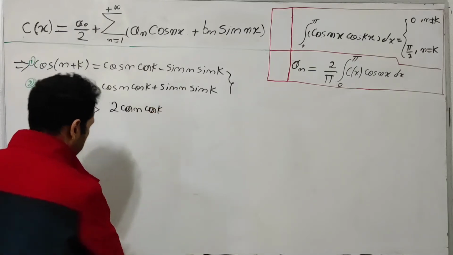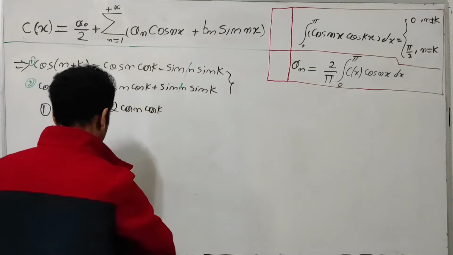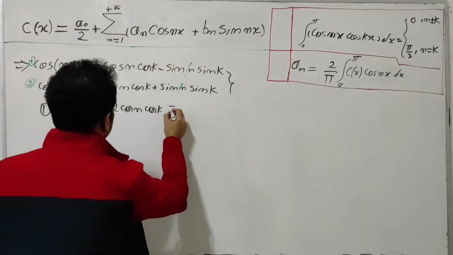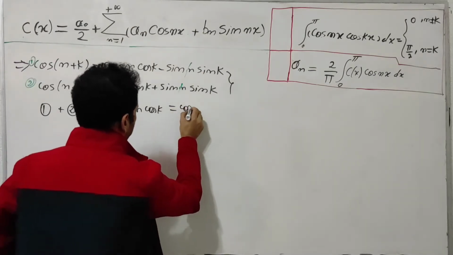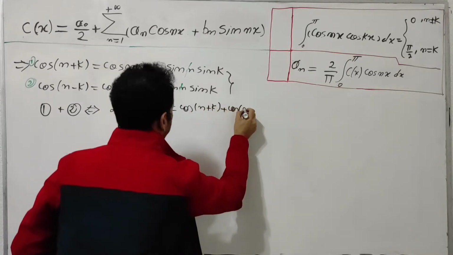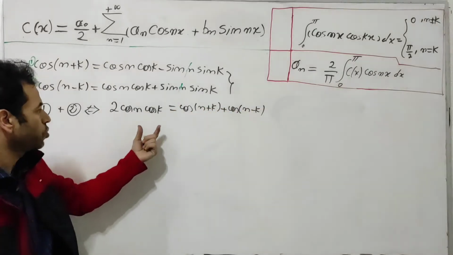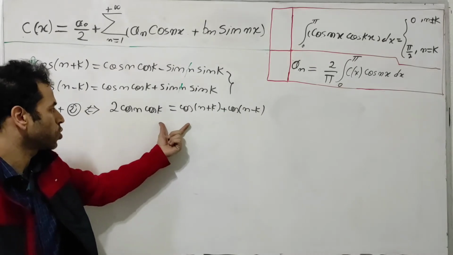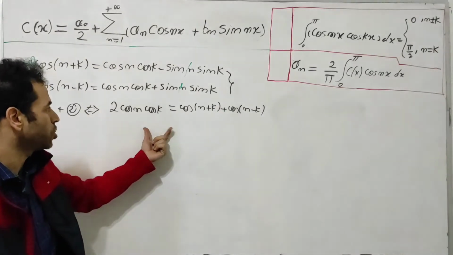This equals cosine of n plus k plus cosine of n minus k. If you take a look at this expression, we see only cosine is involved in this equation.